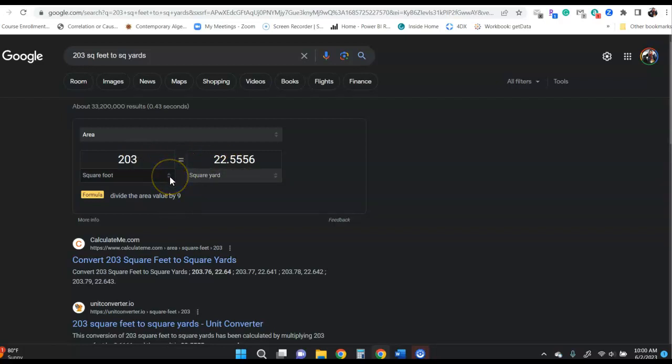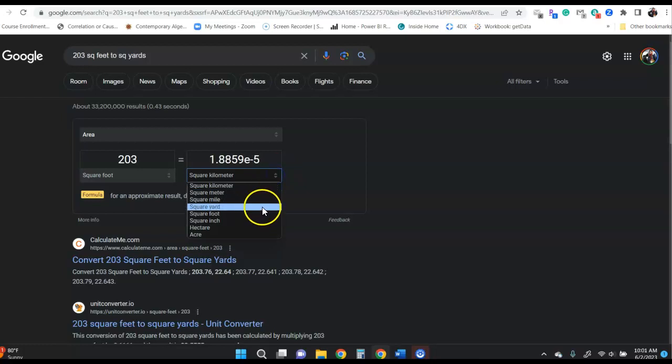The other thing that's nice is you can use the little drop downs to change your units. These are all square units. I'm right now in square feet, and if I want to change to, say, square kilometers, I just change the drop down menu to whatever I want to get that answer.